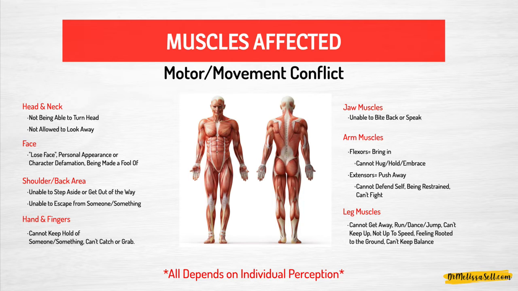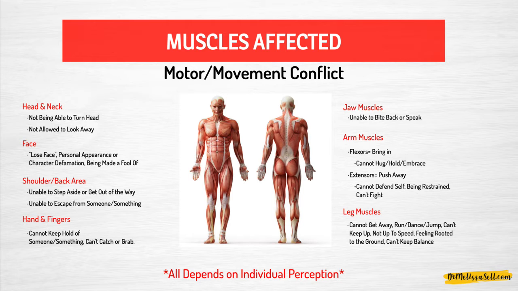In the face, a person can experience a losing face conflict, something to do with their personal appearance or some type of horrific embarrassment where they felt like they were made a fool of. The shoulders and back, if you're unable to step aside or get out of the way. Hands and fingers, can't keep a hold of something, you couldn't catch or grab in time.